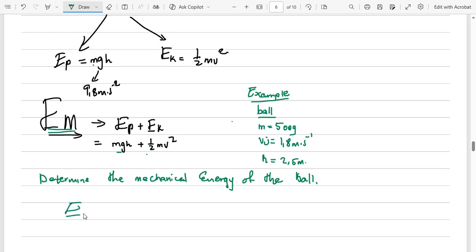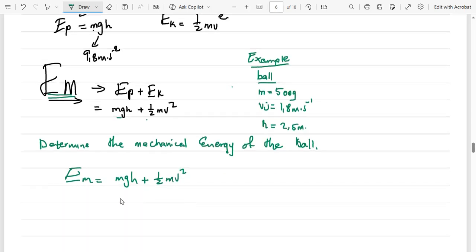So EM is equal to mgh plus 1 over 2 m v squared. Then you substitute what you are given. The mass of the ball should be in kg. So we're going to divide this by what? By 1,000. You get 0.5 kg. So always make sure the mass is in kg.